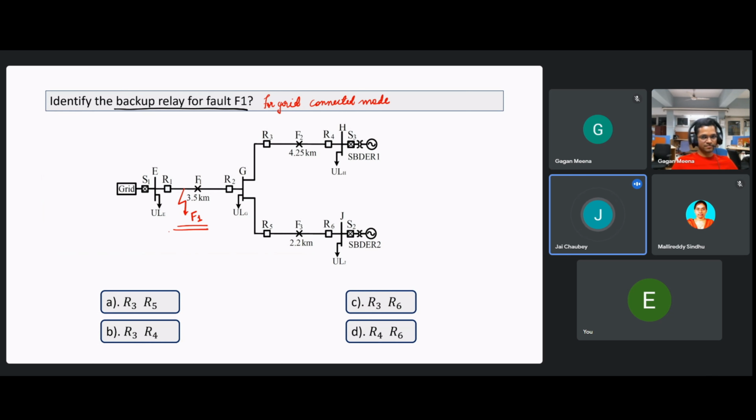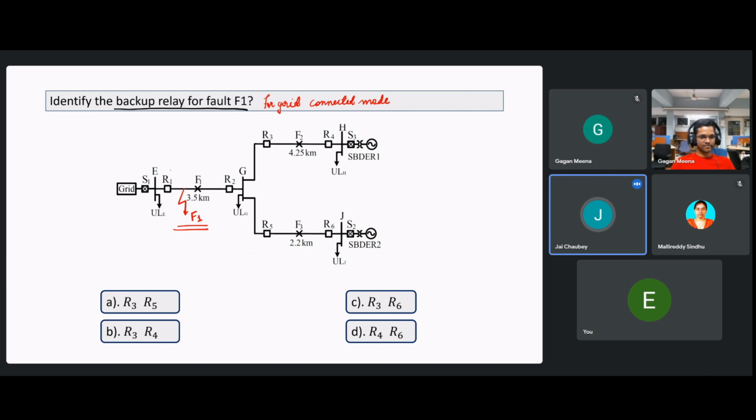Primary relay for it should be R1. So only R1, is R1 only sufficient? No, because there are two generators on this side also. So the backup relay will be R1 and R2 both. No, primary.